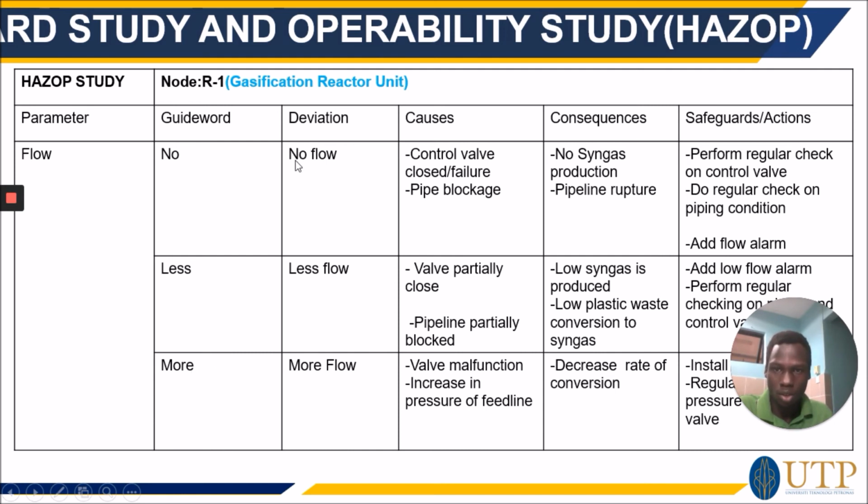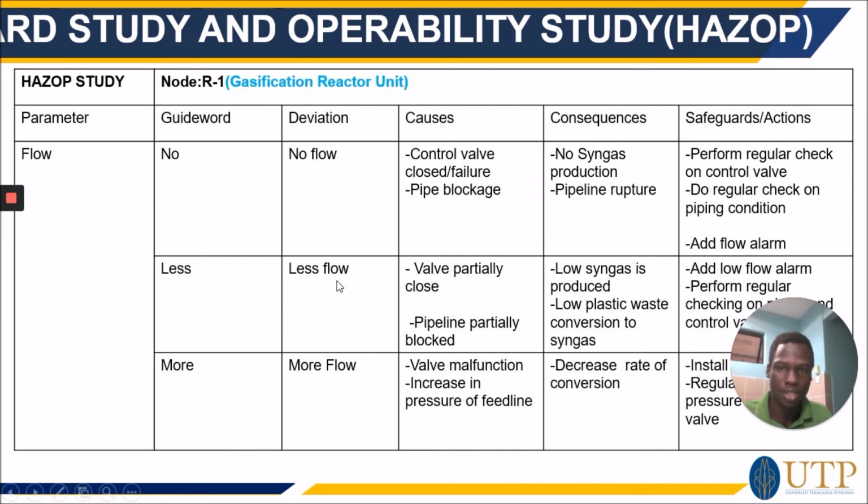So no flow deviation can be caused by control valve failure. It can also be caused by pipe blockage. The consequences of no flow deviation would be no production of syngas and the rupture of the pipe. The safeguards taken to alleviate the consequences of no flow include performing regular checks on the control valve and piping condition, and installation of the flow alarm.